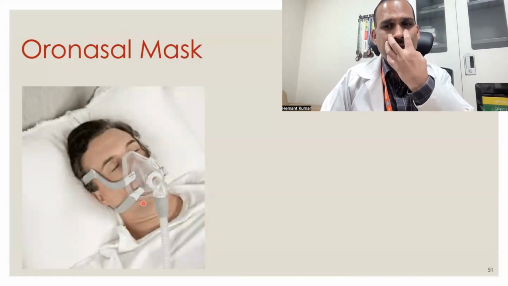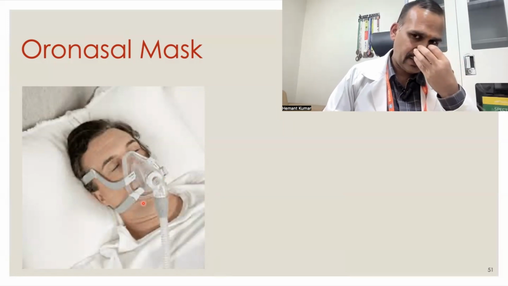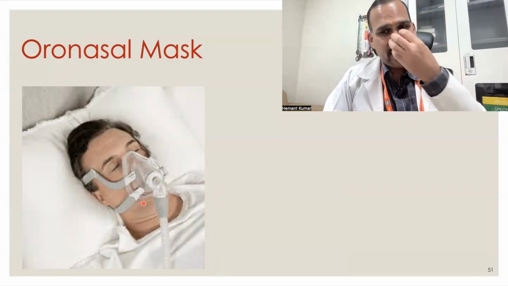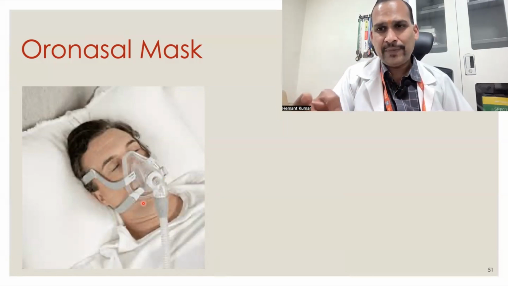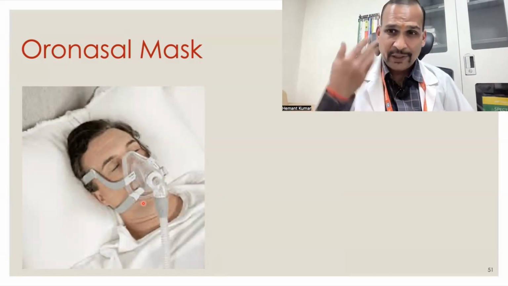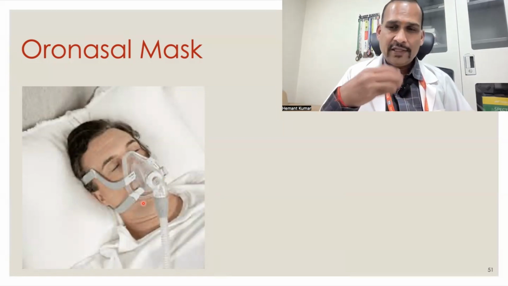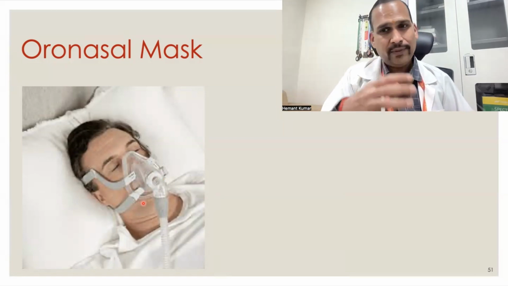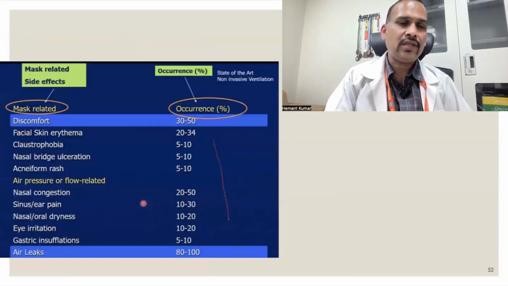It is good, but the best is the nasal mask, because once you apply a nasal mask, the patient's mouth will be free. The patient can speak, expectorate, spit, eat, and drink. So the nasal mask is used more frequently compared to the oronasal mask.